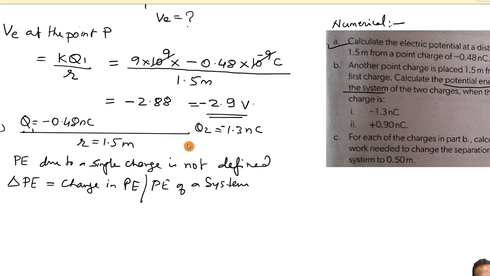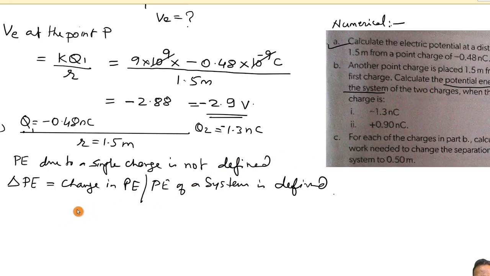So Q1 and Q2 are making up a system of charges, and for a system of charges the potential energy exists, and it is defined. It is always a change in potential energy. You can call it potential energy of a system, but actually it is change in potential energy of the system. So this is defined.